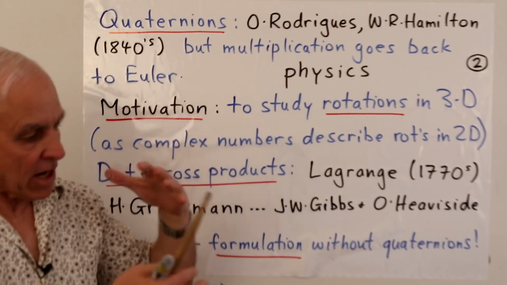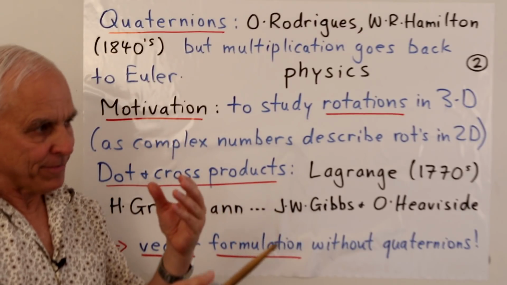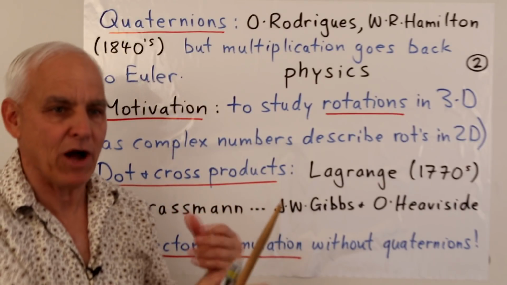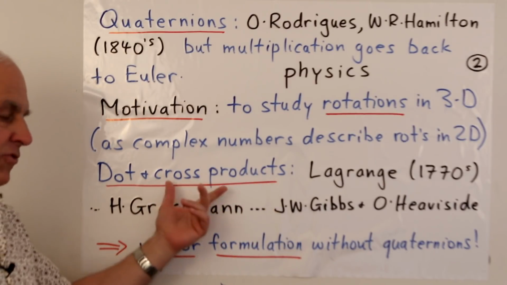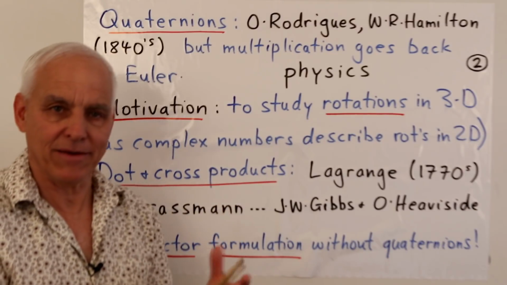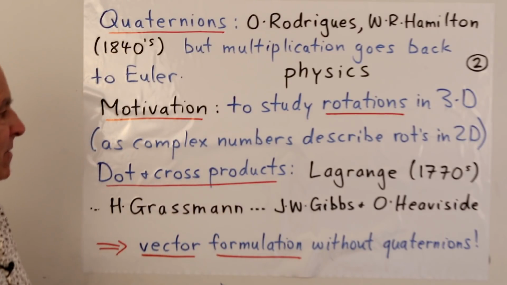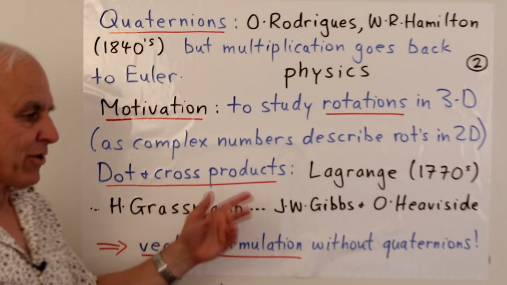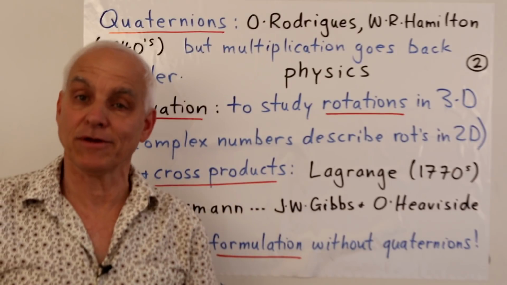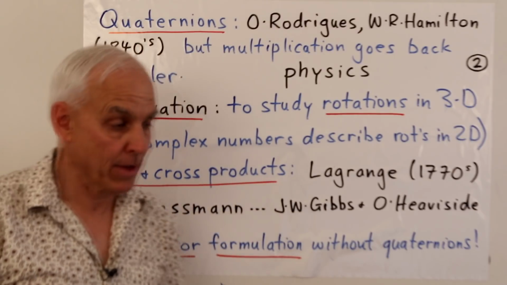However, inside the quaternions, there are these simpler algebraic objects now known as dot products and cross products. So they're kind of implicit in the story, but they actually go back earlier to Lagrange in the 1770s, who was studying the geometry of a tetrahedron.